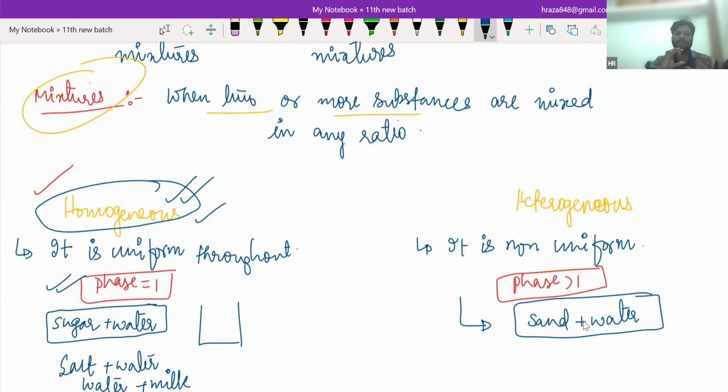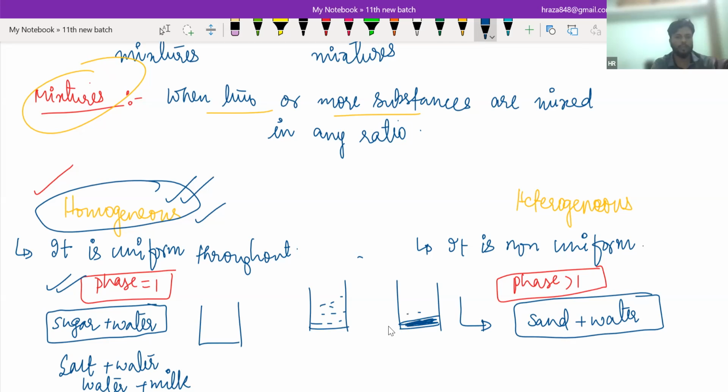You can easily see it, yes. You will see basically two phases. There is a container before adding sand, but after adding sand, you can see the sand is like this and water is like this.